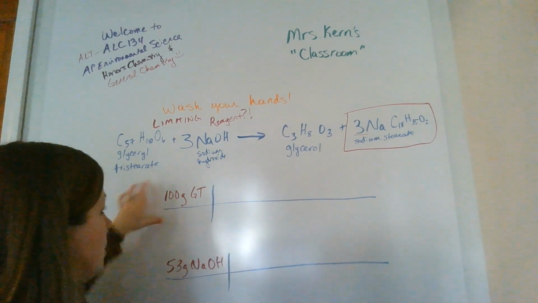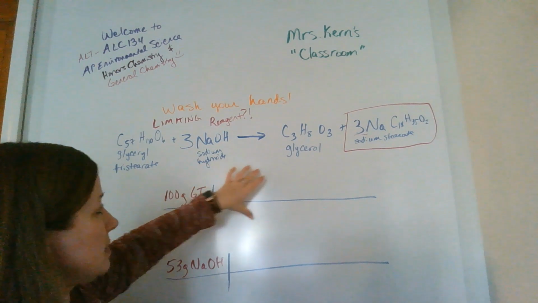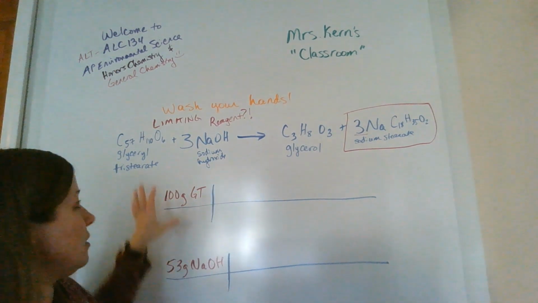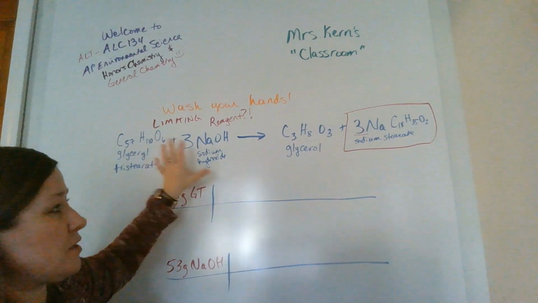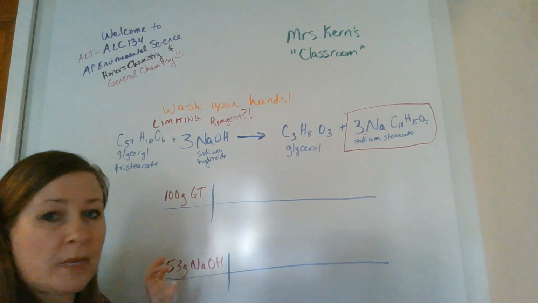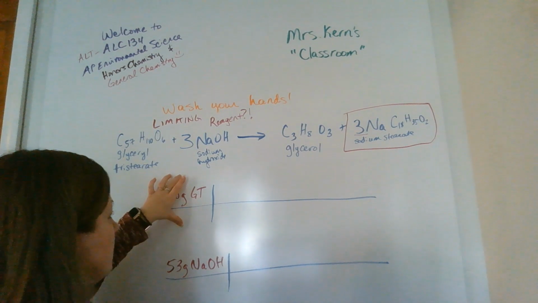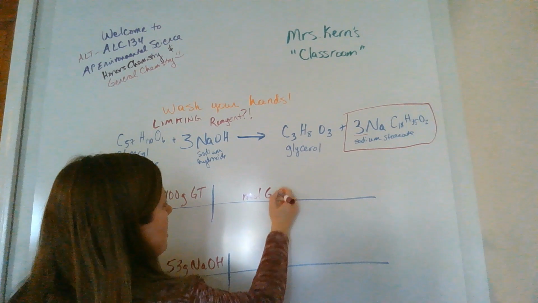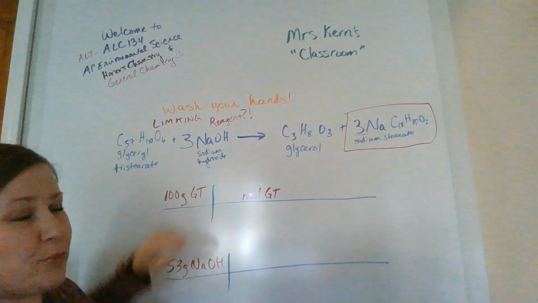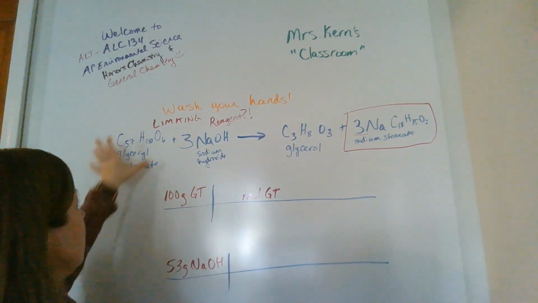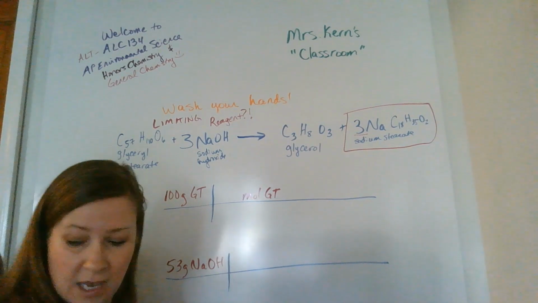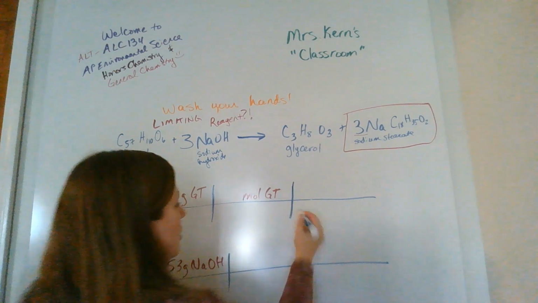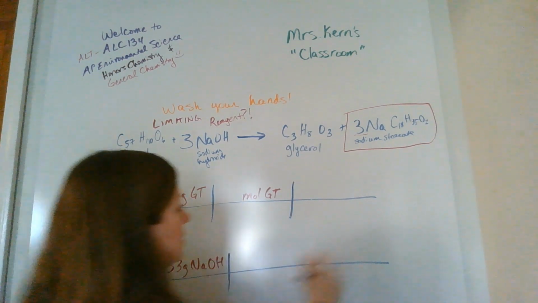So we're going to go from grams of these things. The next step has to be moles, because they have different masses, you can't compare them directly. So we're going to go from grams of glyceryl tristearate to moles of it. I'm abbreviating it. I should probably write out the formula, but it's kind of a big guy. And then we're going to go to moles of the product that we've chosen.